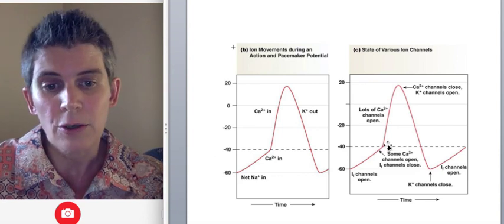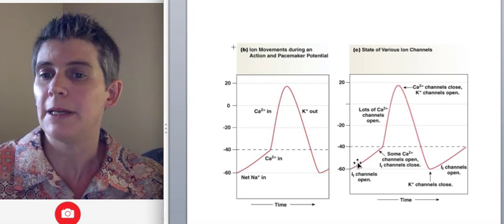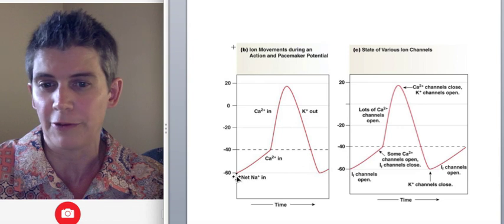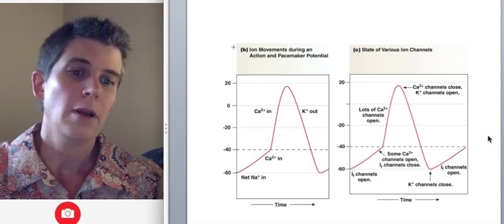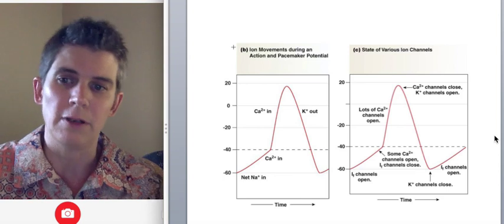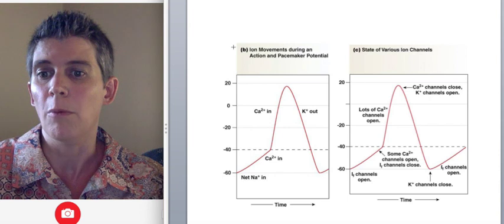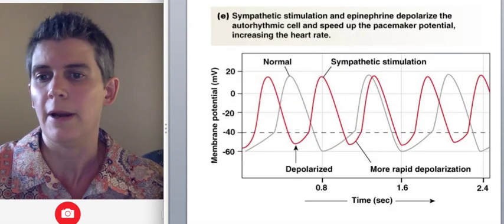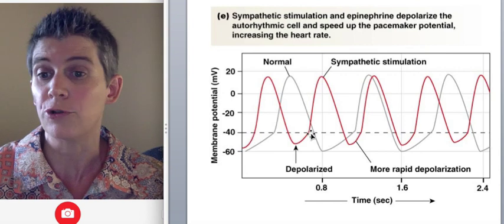That is, you can think of the slope as being the thing that changes here. Right? The slope of this depolarization is going to be steeper when there's sympathetic stimulation because the channels that create that depolarization are more open, or more of them are open at any given time. And you can see that change in slope. In fact, it's quite dramatic.